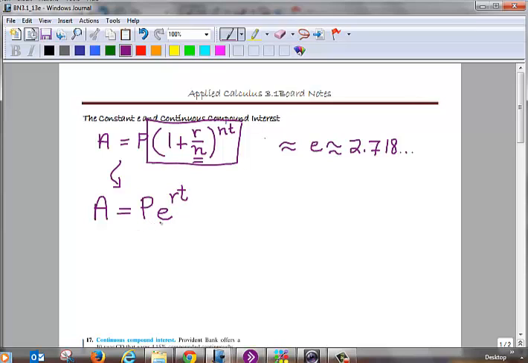So whenever you see a situation where something is growing continuously, typically this formula applies. And again, P is the initial amount, r is the rate of growth, so it's a percentage, and t is the time, typically in years.